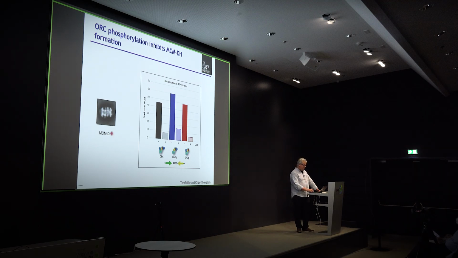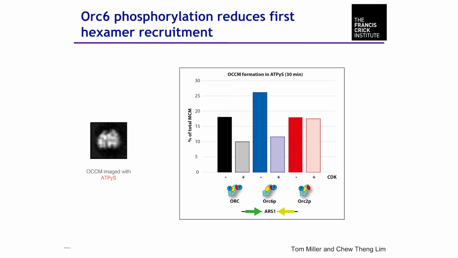This is by EM. If we look at what happens to that first step, the OCCM, the intermediate before ATP hydrolysis happens, in ATP gamma S, we can see that CDK phosphorylation inhibits about 50%. It reduces OCCM formation. It doesn't actually kill it. And that seems to be entirely due to ORC6 phosphorylation, because ORC6 phosphorylation does pretty much the same thing, whereas ORC2 phosphorylation doesn't affect OCCM formation at all.